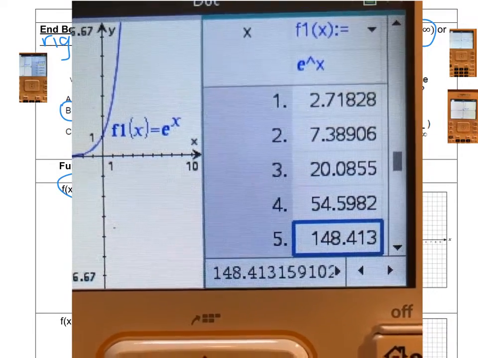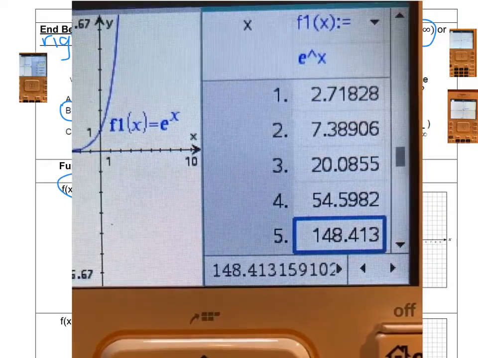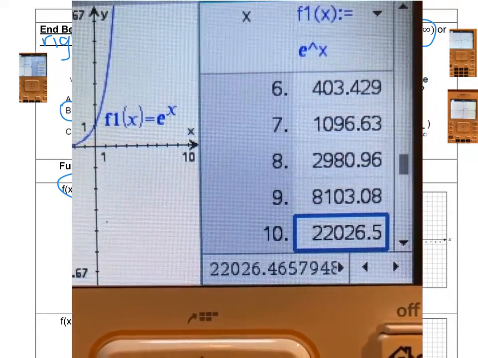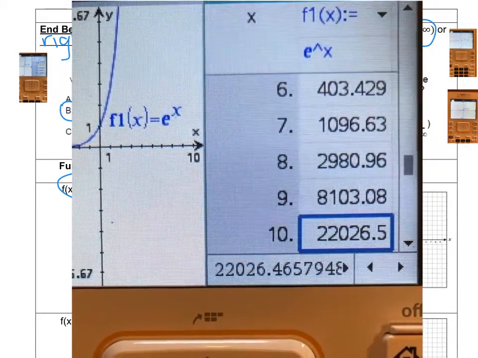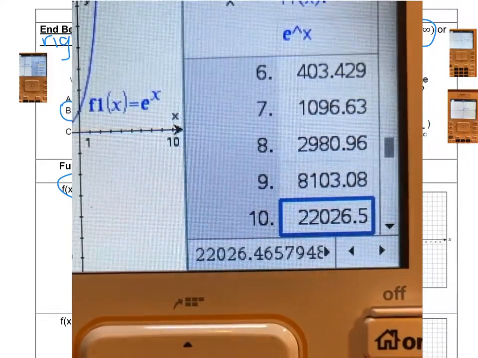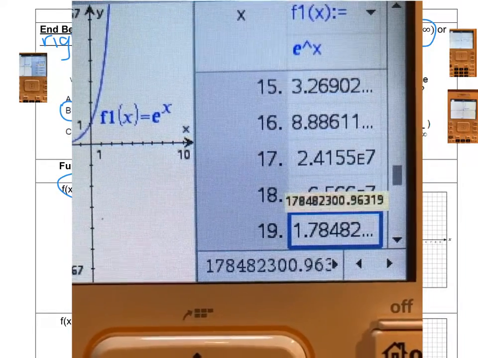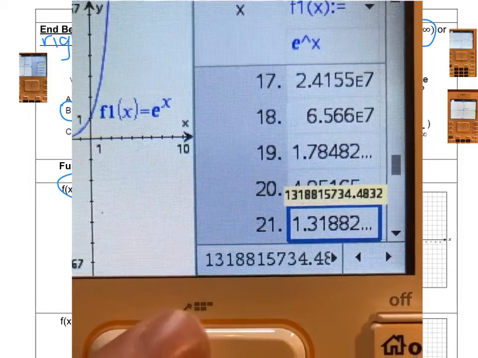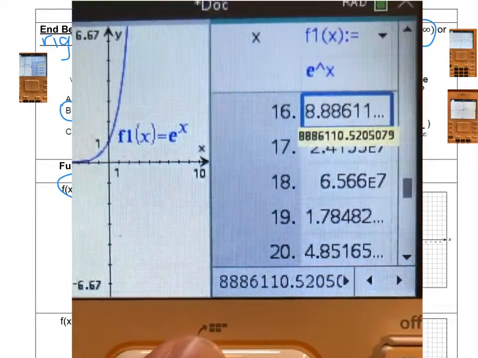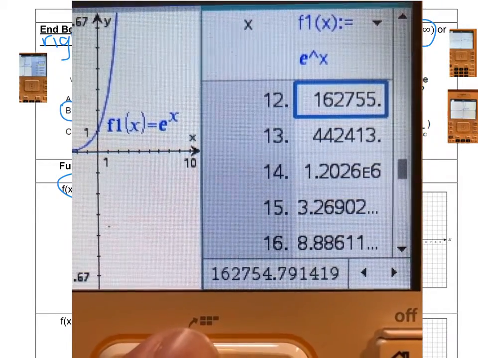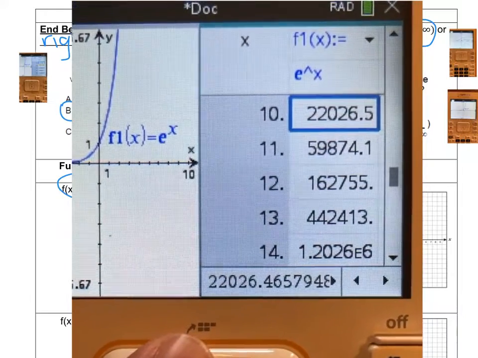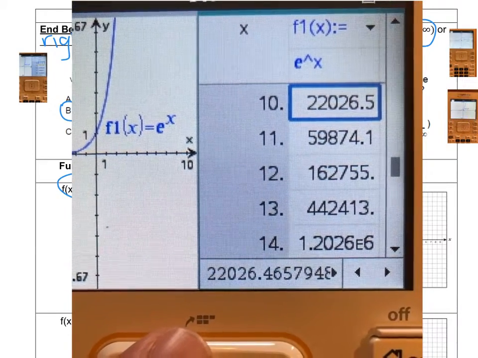So see how it keeps growing? My y's are getting bigger and bigger. Now let's go all the way to 10. When x equals 10, I'm already at 22,026.5. And if you just keep scrolling, these numbers keep getting bigger and bigger and bigger, like to the millions, billions, etc. So we can see that this graph is not leveling out on the table values. The y values just keep growing and growing and growing.